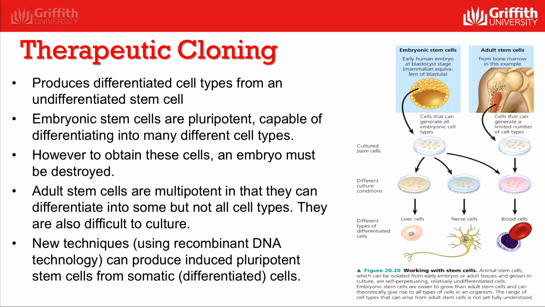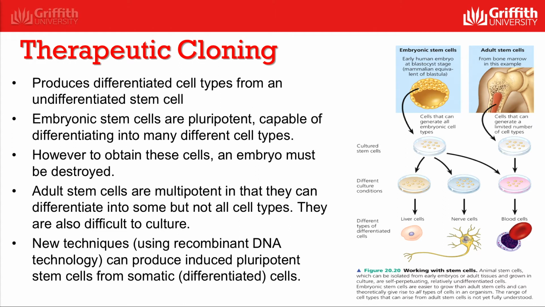Although, for obvious reasons, human cloning is banned, this type of cloning technique can produce a range of differentiated cell types from an undifferentiated stem cell. This is termed therapeutic cloning. Embryonic stem cells are pluripotent, capable of differentiating into many different cell types.